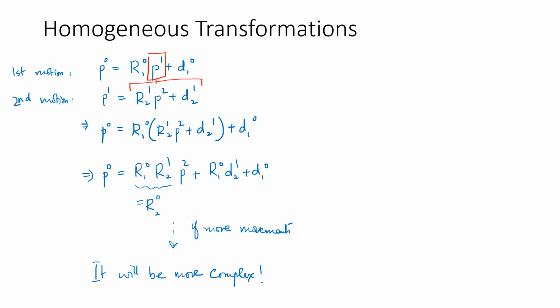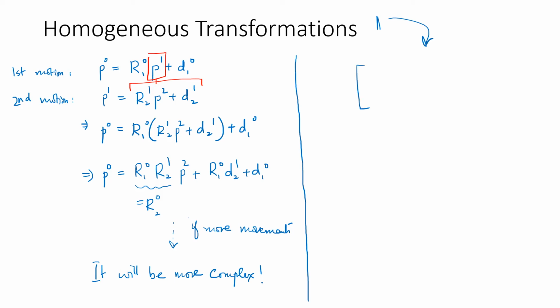Now at this particular stage, I would raise this question over here, that can we use homogeneous transformations, the matrices of homogeneous transformations, to help us out? And obviously we can use that. So that's what we will try over here.